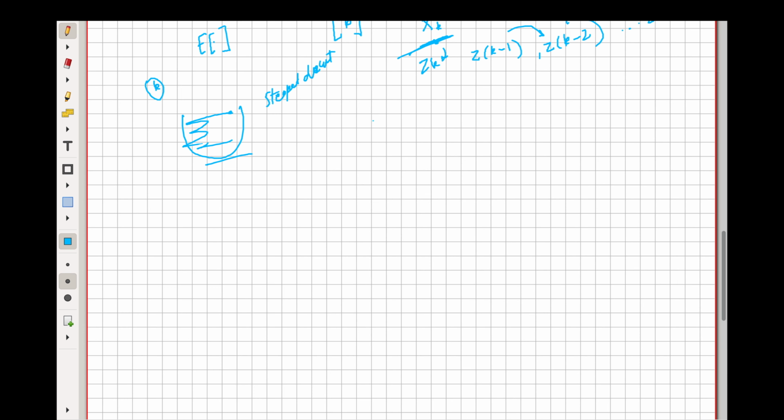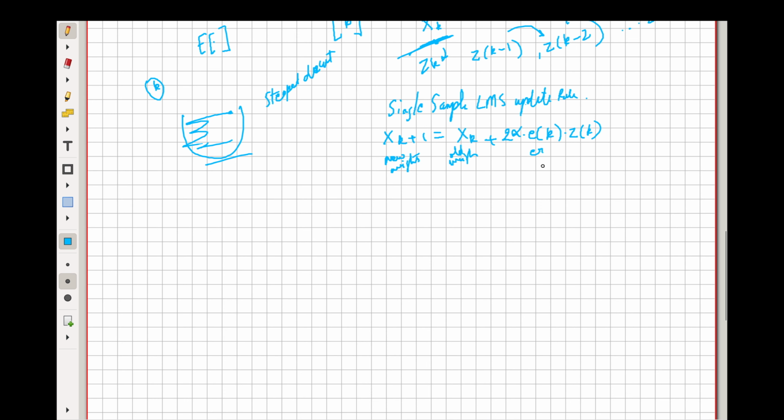So we start with our familiar single sample LMS update rule, which is x_{k+1}, the new weights, is equal to x_k, the old weights, plus 2 alpha e_k z_k.